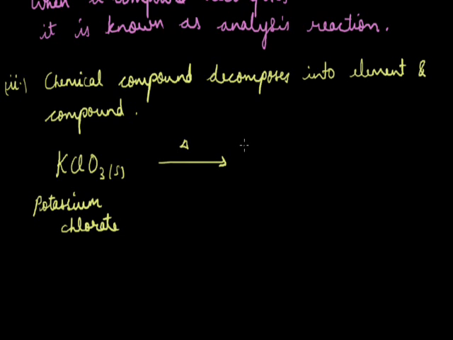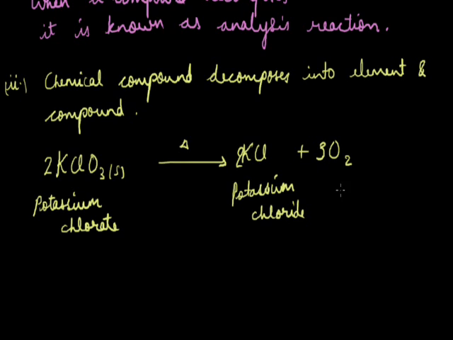On heating, it decomposes into KCl, that is potassium chloride, and oxygen. Here we can see the chemical compound is decomposed into a compound and an element.